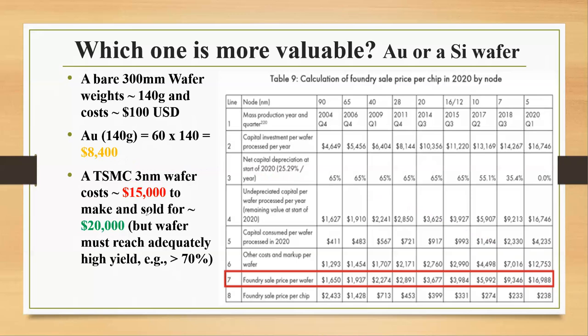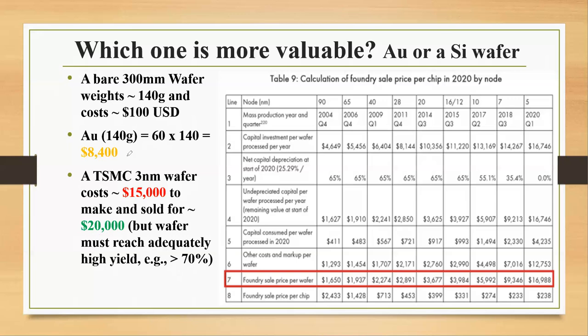The latest news is that it's going to sell for about $20,000 per wafer, and it costs greater than $15,000 to make. So you can see the importance of yield. If yield is adequately high, in the example like greater than 70%, and the customer is willing to pay $20,000 for your 3 nanometer wafer, then every wafer you are making $5,000.